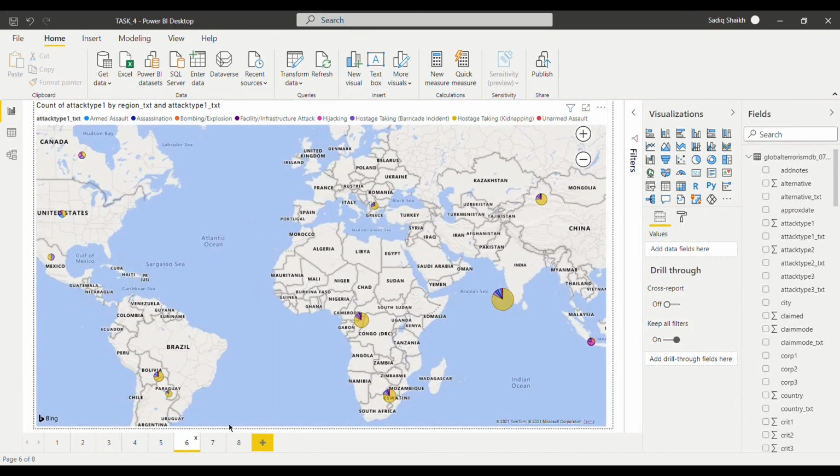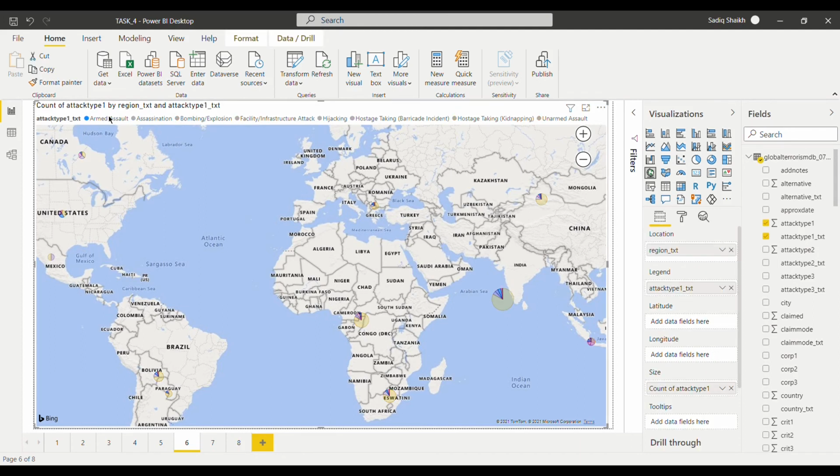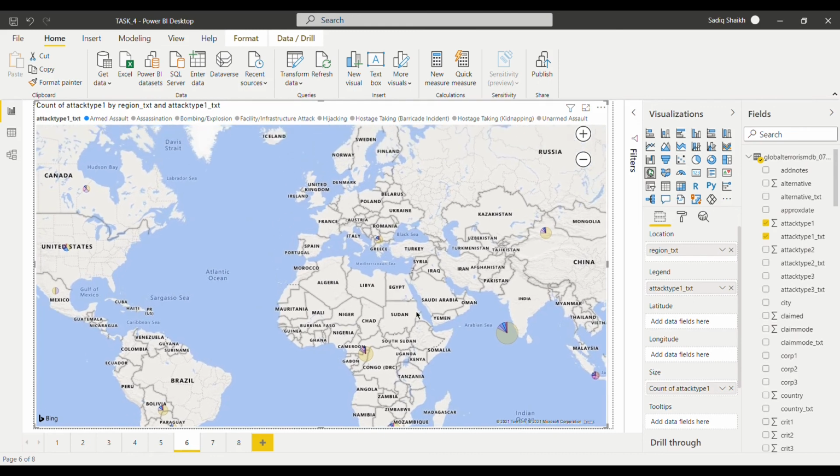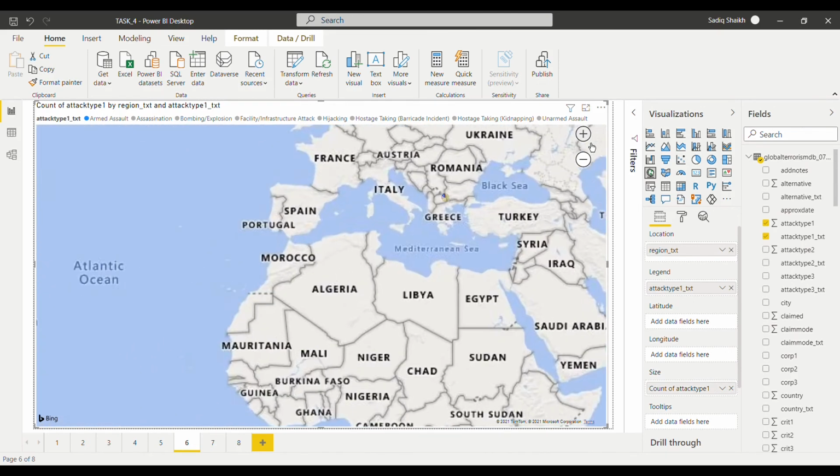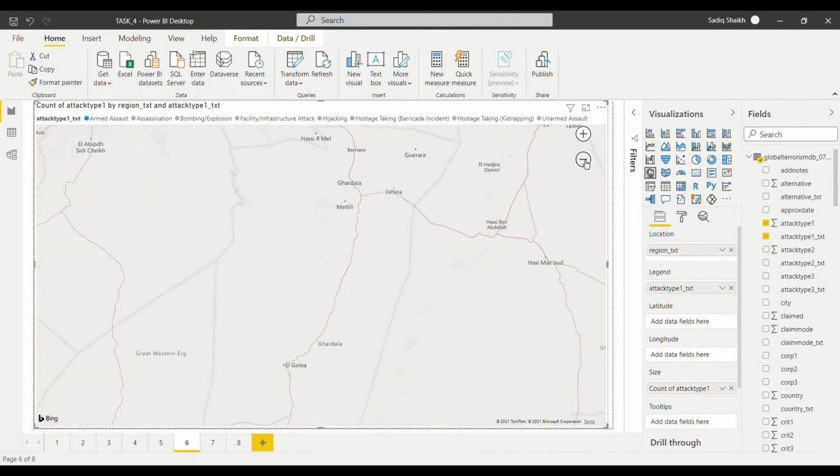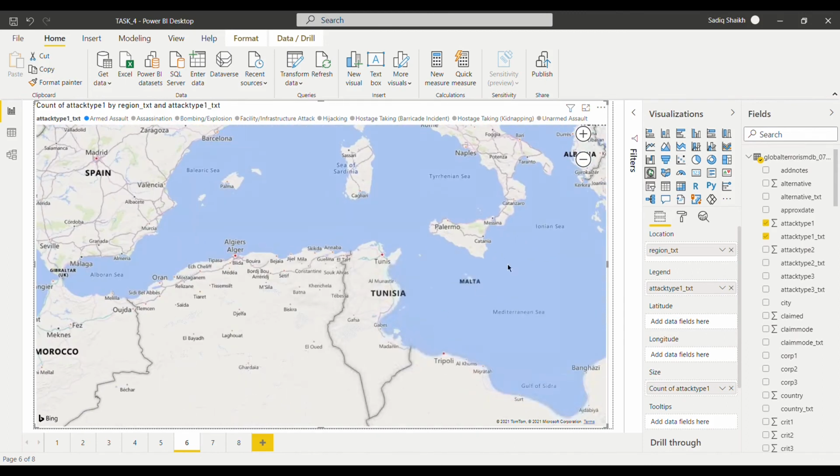Then coming over here, this is the attack type which has been done in which of the locations. As you can see, the armed assaults have been done in the locations, if we just zoom in, we could see over here.